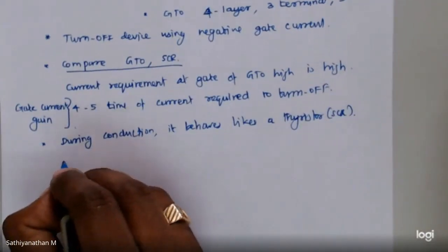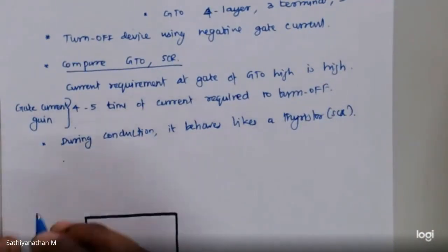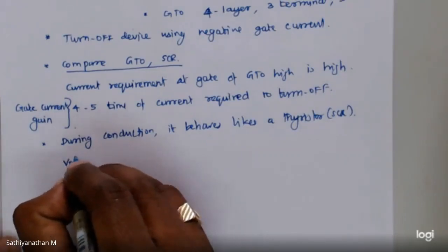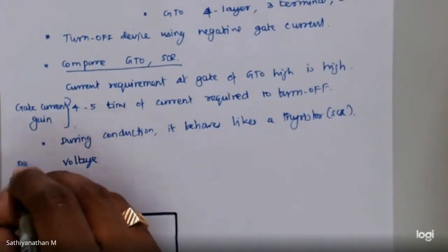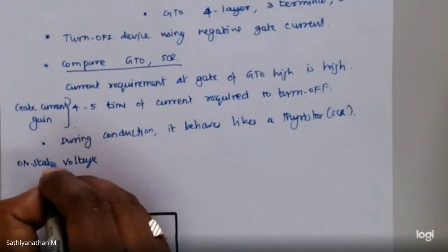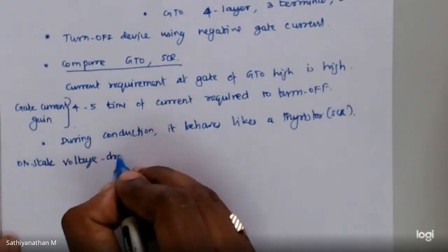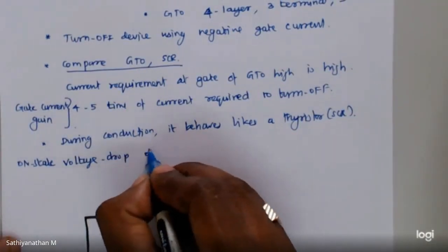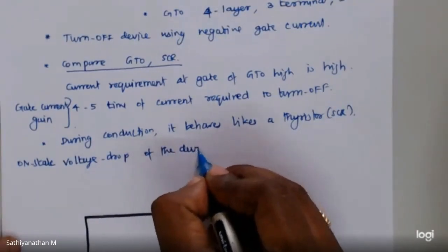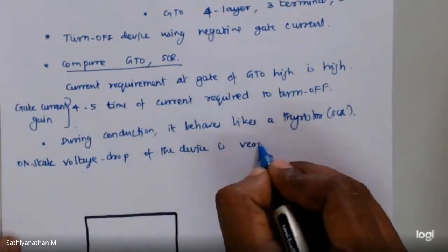So the drop across the device is very low. So the on-state voltage drop of the device is very low.